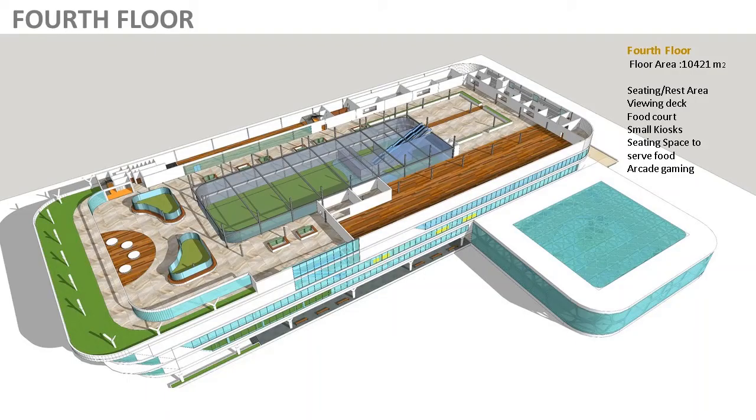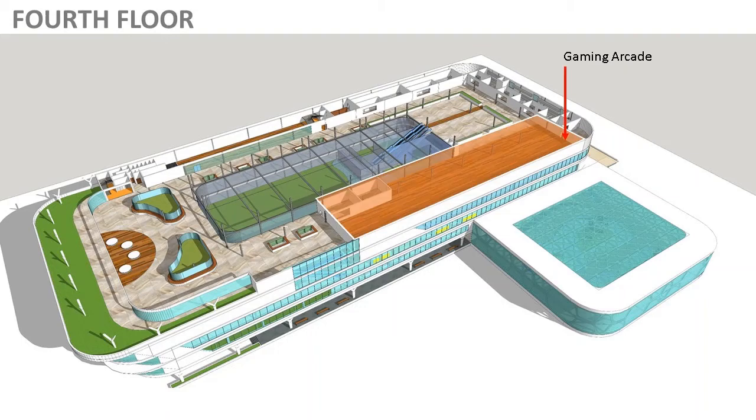Fourth floor. The fourth floor is completely dedicated for fun and leisure activities. There is no exhibition happening in this floor. So the red highlighted area shows the gaming arcade area where the children and kids can come and spend time by playing games and there are other activities.